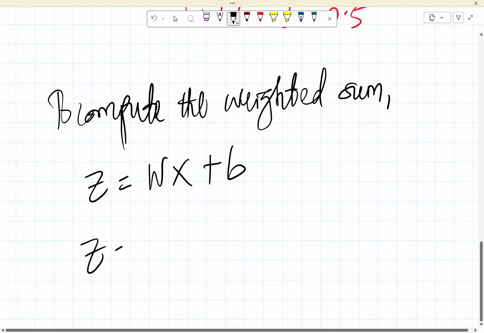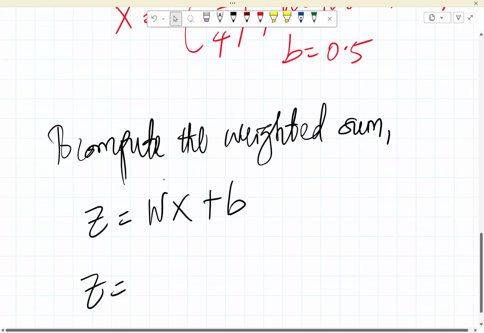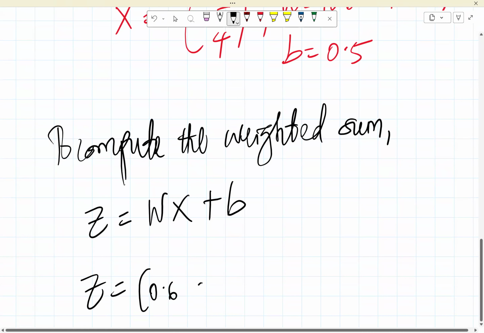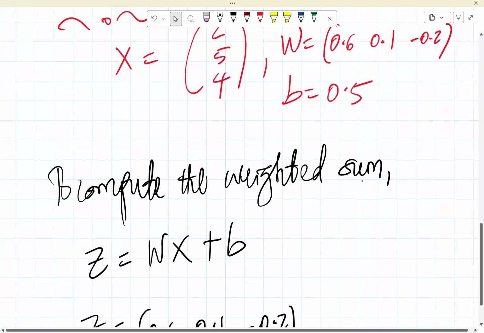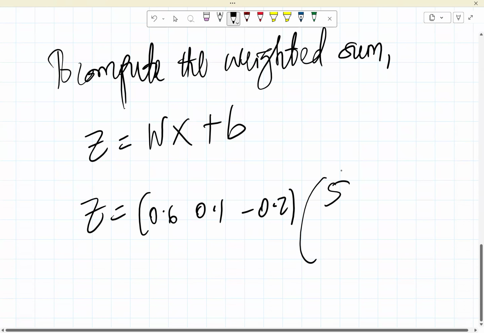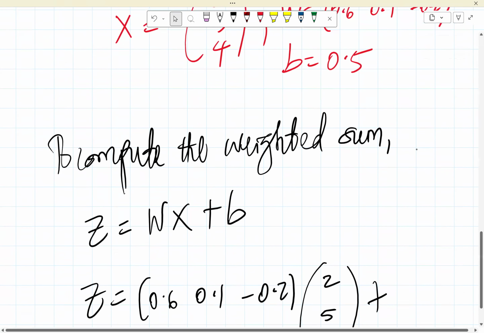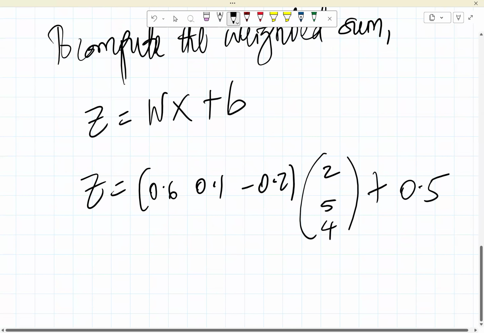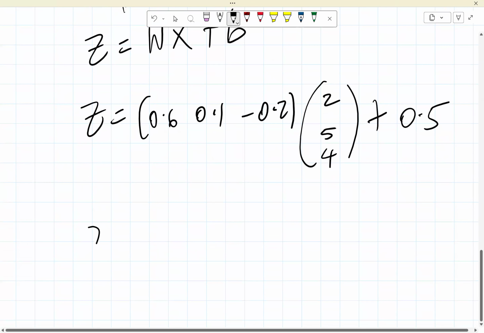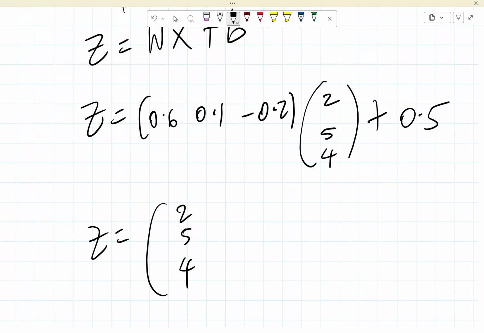So Z now is W, which is 0.6, 0.1, minus 0.2, multiplied by 2, 5, 4, plus B, which is 0.5. We have one row here, so we just write this one.